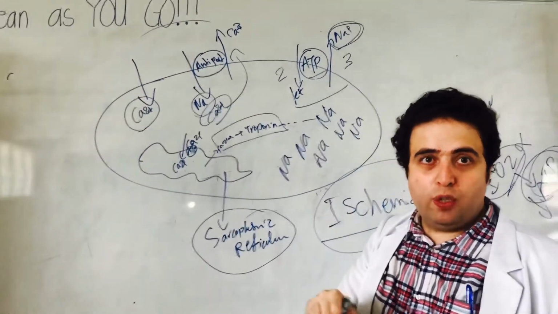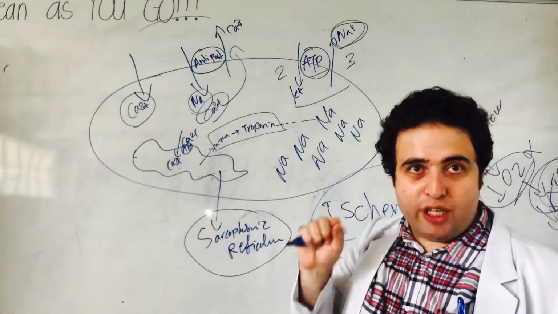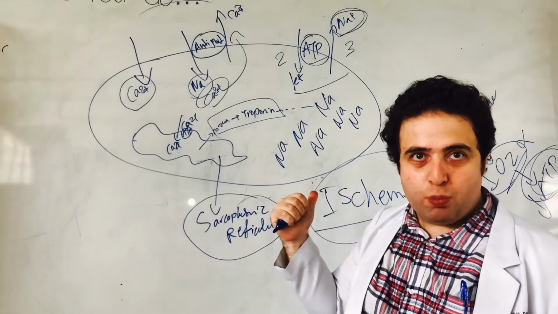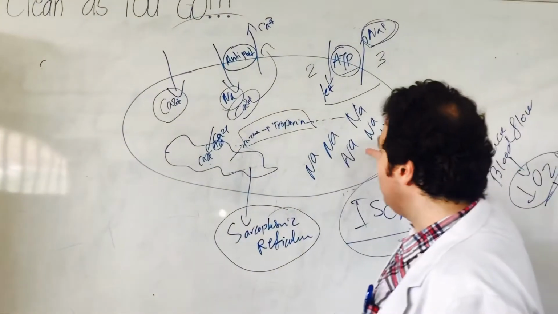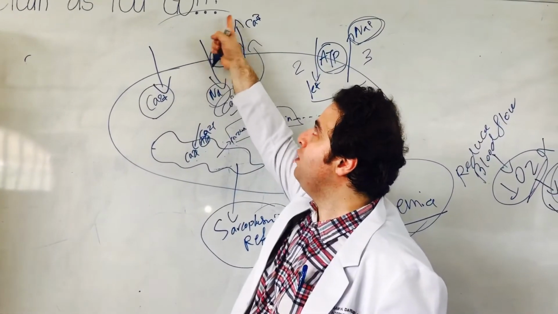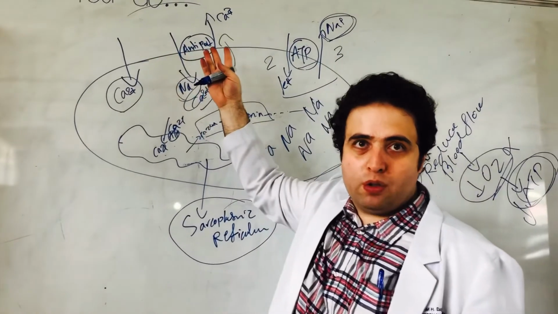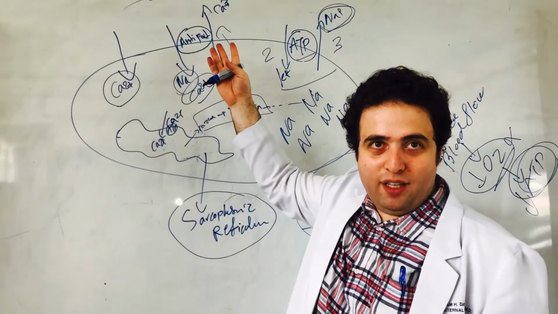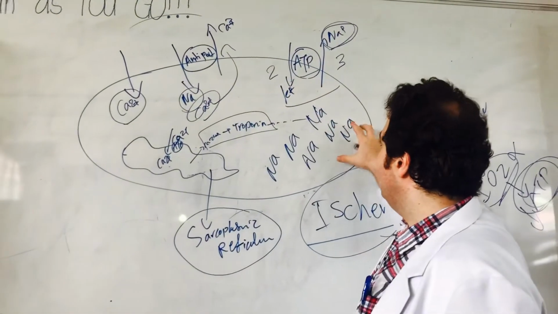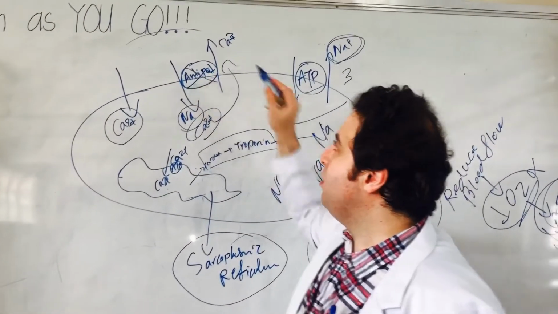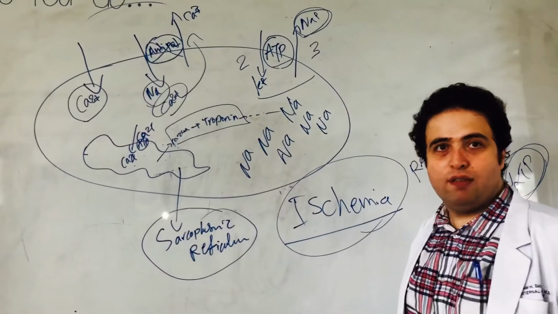I told you, secondary active transport is dependent to primary active transport. Why? Because if there is no sodium available to the extracellular, the antiport will not work. Okay? So presence of sodium inside the cell will make this antiport also not work anymore.